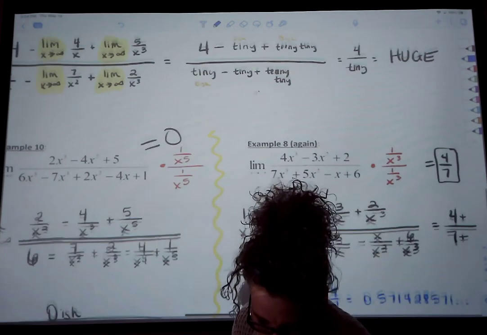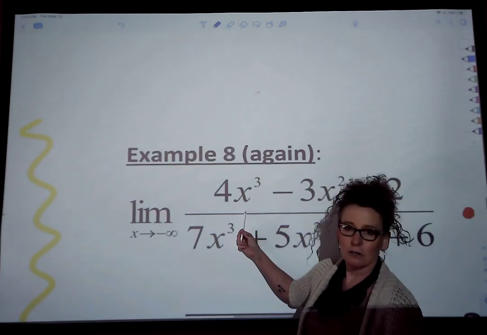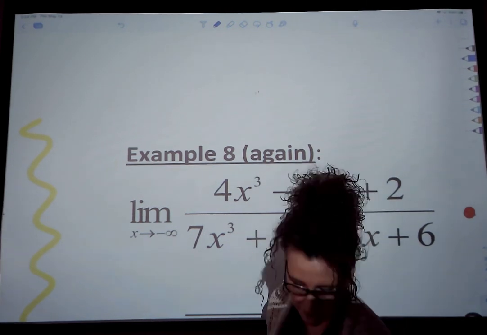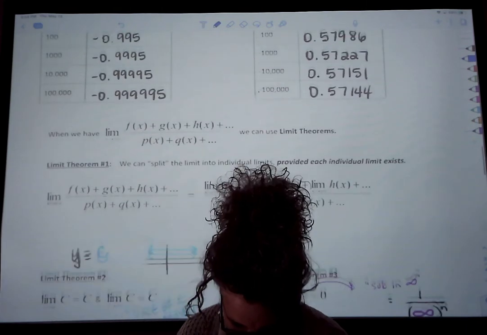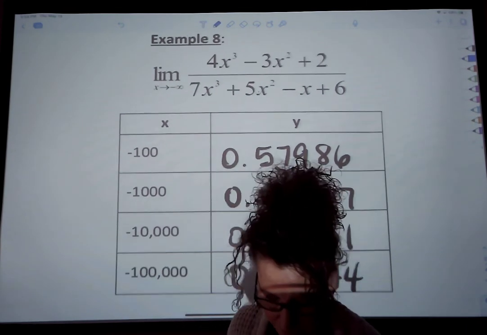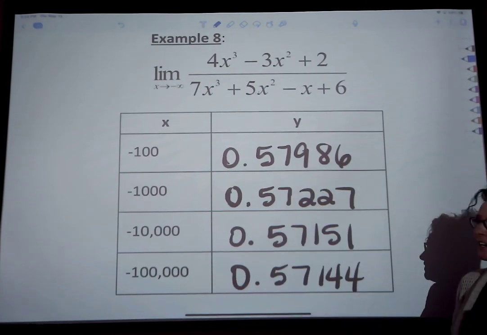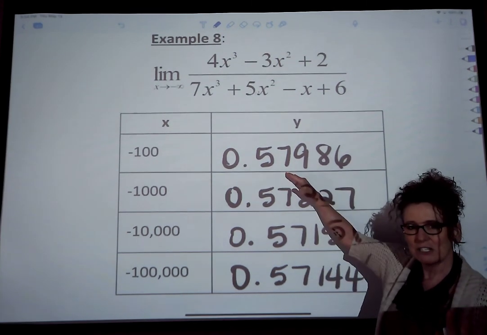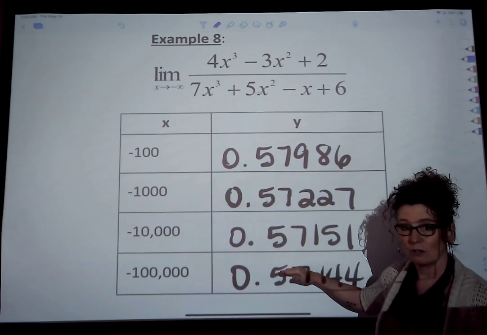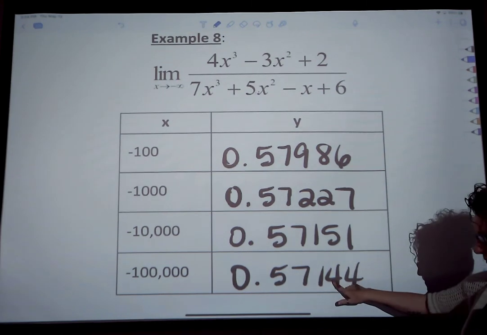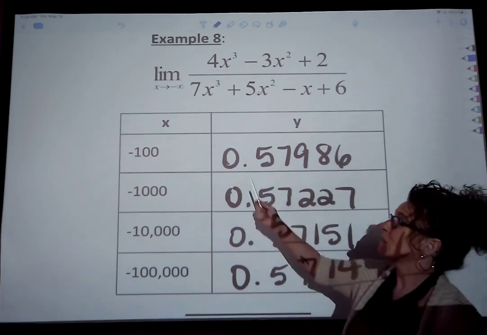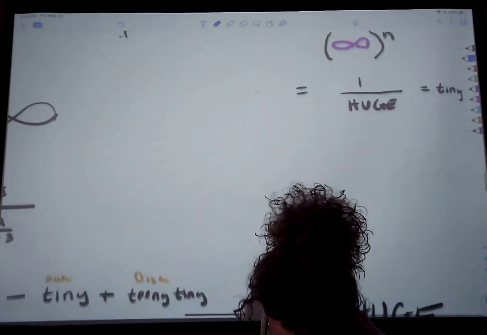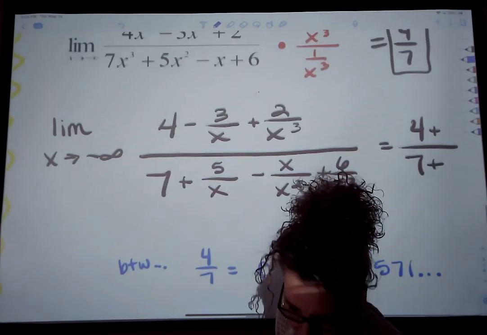Did you notice that when I started rushing through this problem, it was the same as this one? We couldn't tell exactly where the y's were headed by just plugging in super large numbers. But by looking at a polynomial over polynomial and multiplying by 1 over the highest exponent, here's what I got: 4/7.